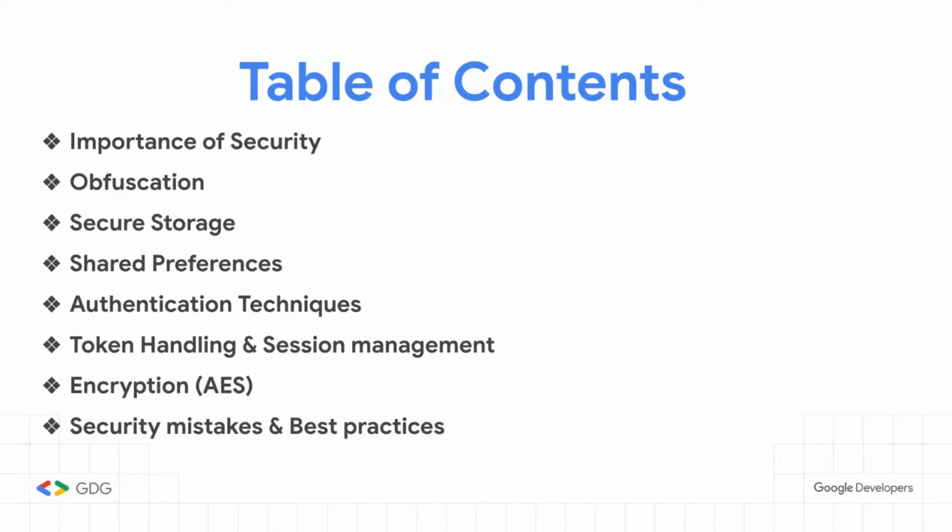We will also discuss how we can handle tokens and session management, which again comes under security. Then we will discuss one of the types of encryption methods, which is AES, using the AES algorithm. And finally, we will discuss security mistakes that we all do and how we can avoid them. And we will also discuss some of the best practices.